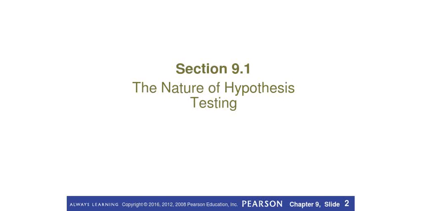Now in the previous chapters, especially in everything leading up through this chapter, we've talked about the ideas of collecting samples. We've talked about the ideas of finding those characteristics of the sample that we want, namely the mean, standard deviation, and so on.